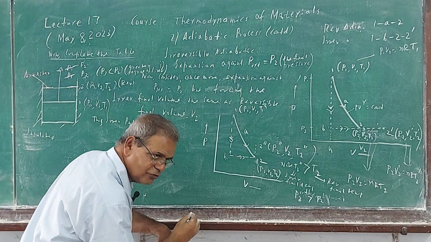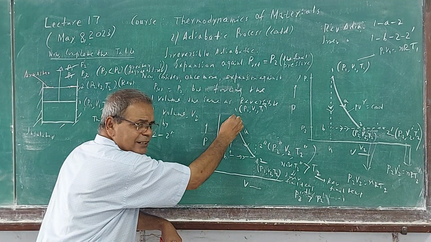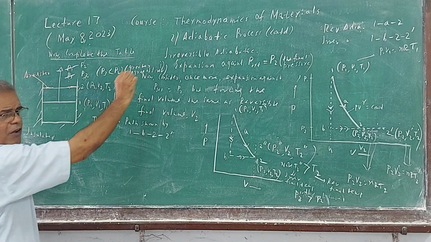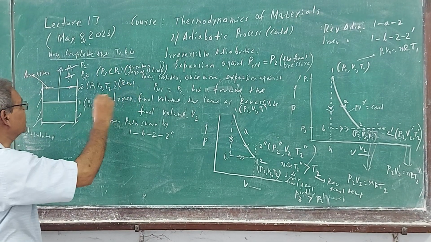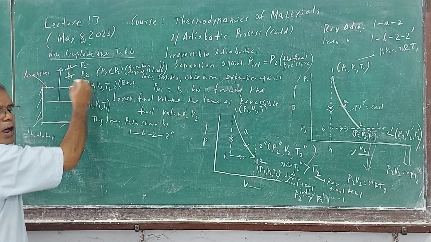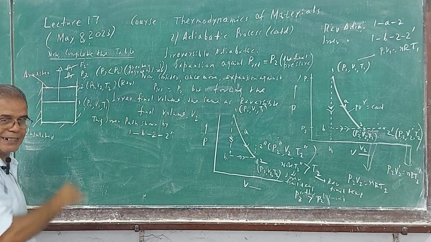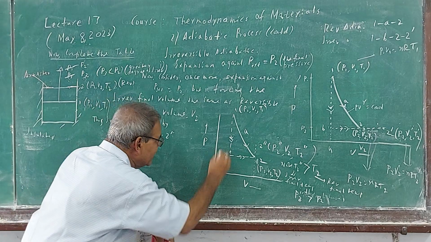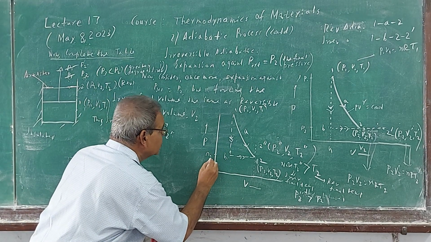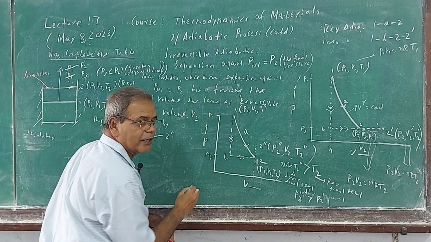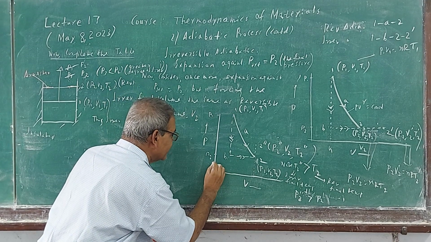I am trying to draw with you. Suppose P1 was 3, it was 2, now it is 1. Or 2.5 even. 3 to 1.5, even less. So how shall I draw? This is P2, for your information, this is P1. And this is now P3 somewhere here maybe.